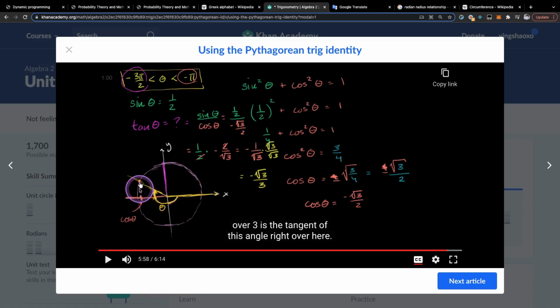If the x is, let's say, -1, then your cosine theta should be -1. If the x is +1, then your cosine theta should be +1. And the same thing for the y: if the y is positive, then your sine theta should be positive, something like that.